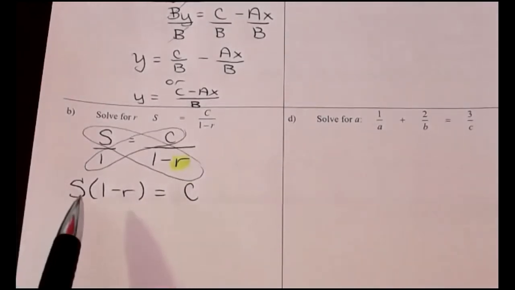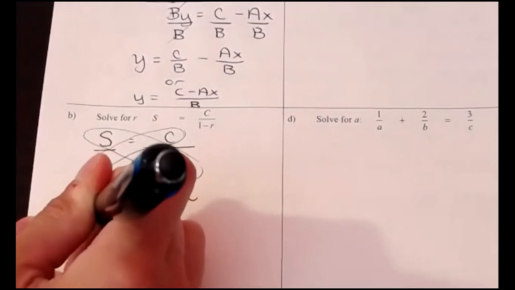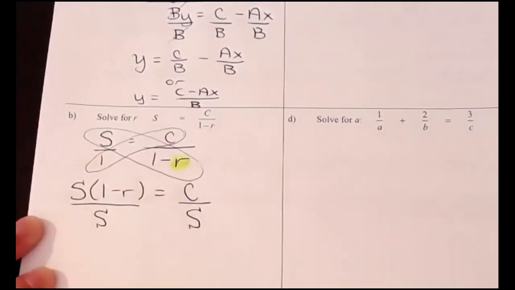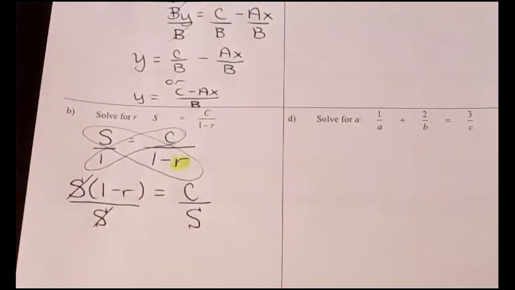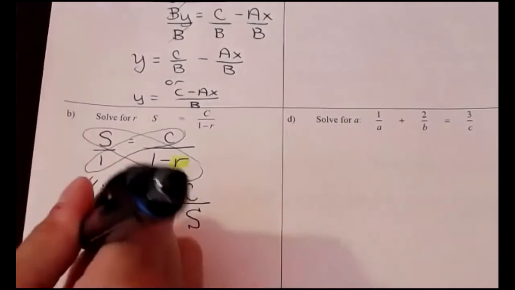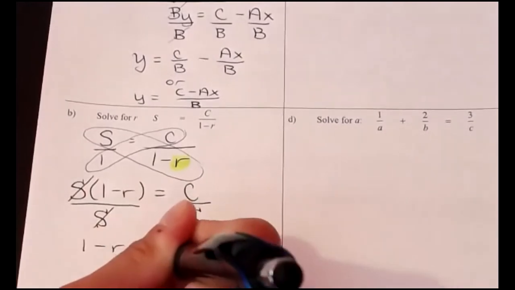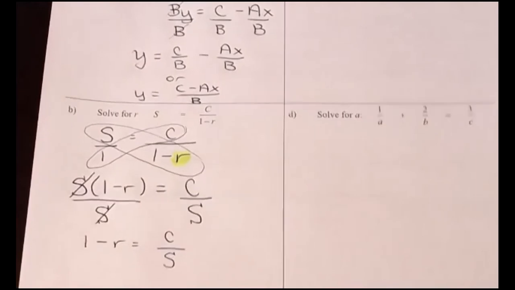So notice here it says s times 1 minus r. If I wanted to get rid of s, I'm just going to divide by it. That's the opposite of multiplication. So just by dividing by that s, I've isolated 1 minus r. So I have 1 minus r is equal to c over s.